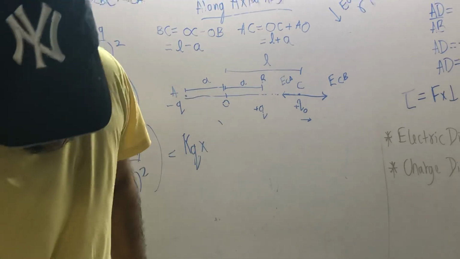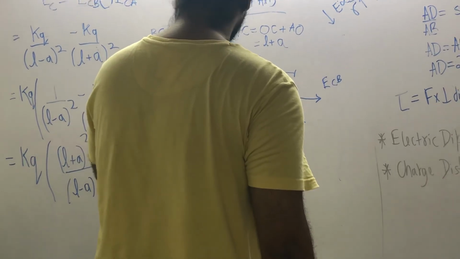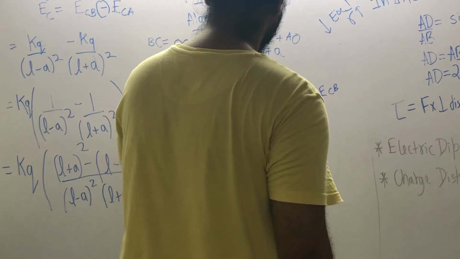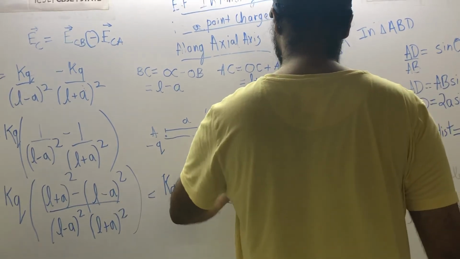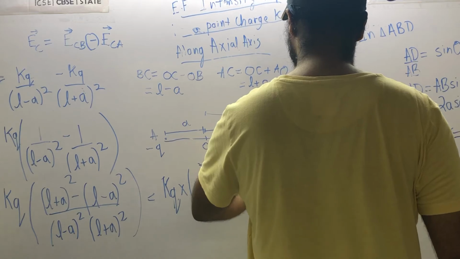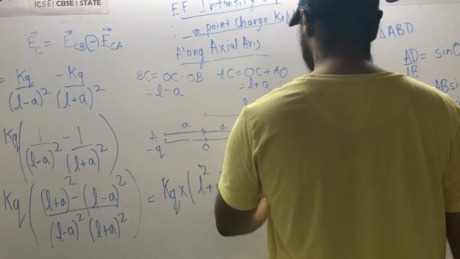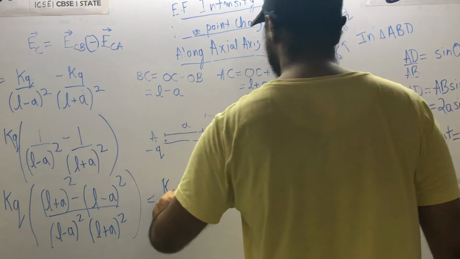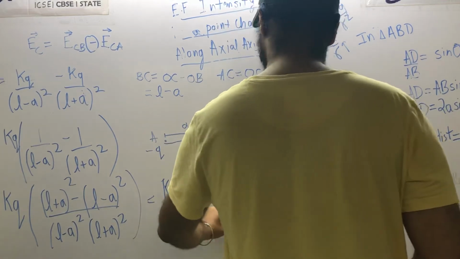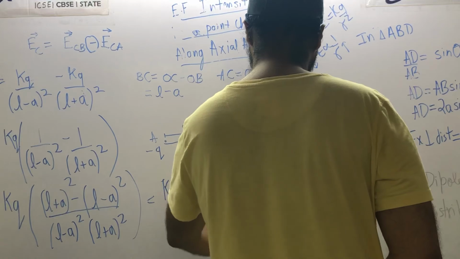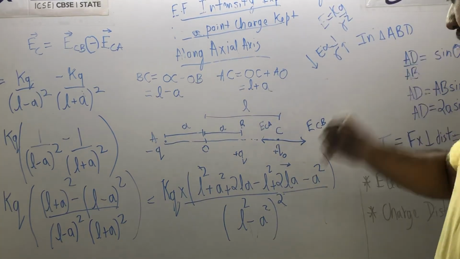The answer is KQ into, okay, L square plus A square plus 2LA, minus L square... So this is what I got here.